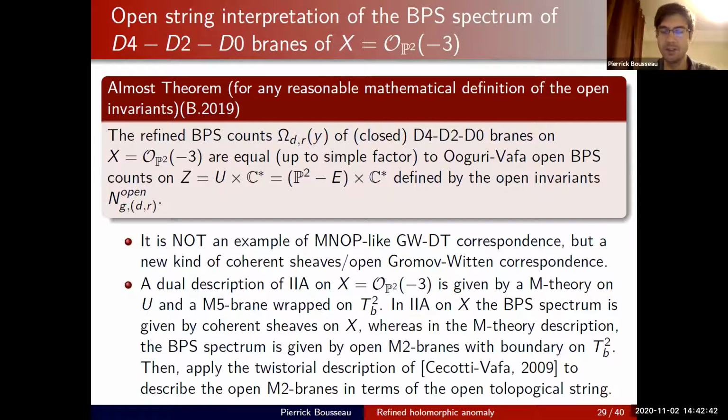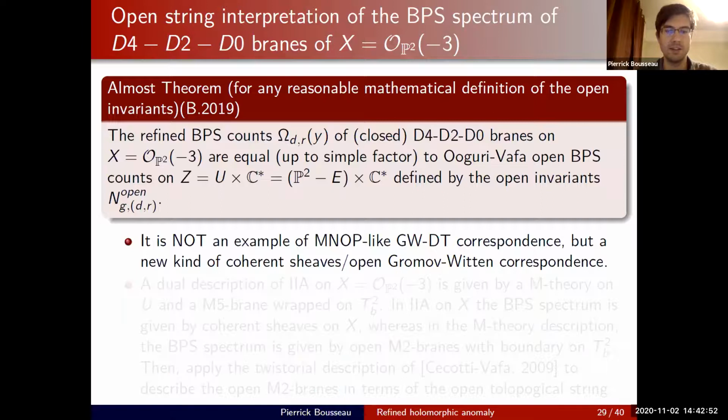There are really D2-D0 states in the large volume limit from a geometric point of view. And the claim in this statement is that the count of D2-D0, or more generally D4-D2-D0, in the large volume limit is equal to this count of open curves with boundary on the torus, which is really close to infinity.